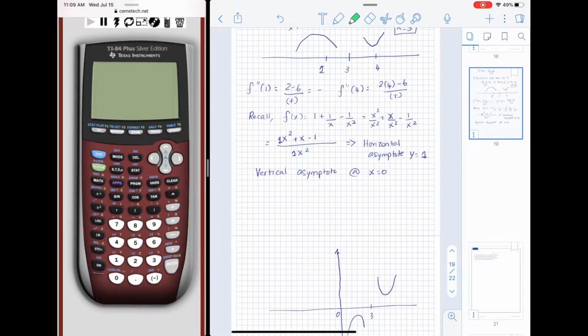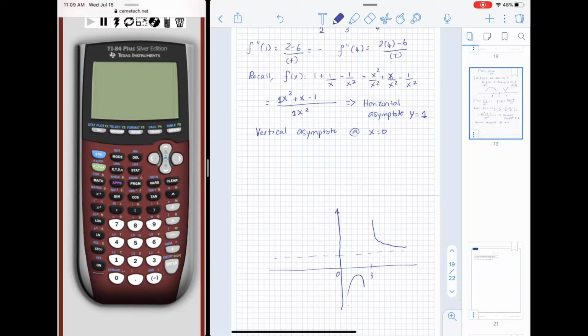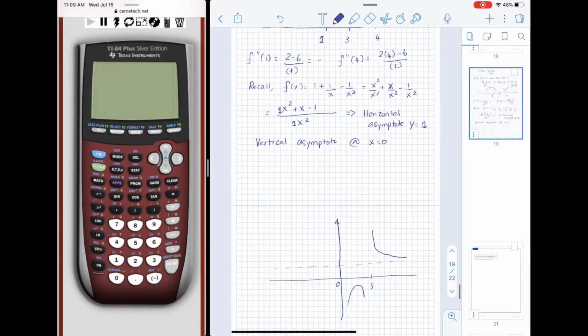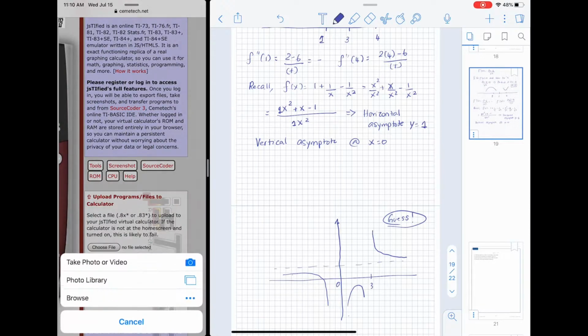And we also know that there is a horizontal asymptote at y equals 1. So probably it is of that sort there. And since there is an asymptote and it is concave down, perhaps the function goes like this. Keep in mind, this is just our best guess scenario. Let's graph this and see how close we came.